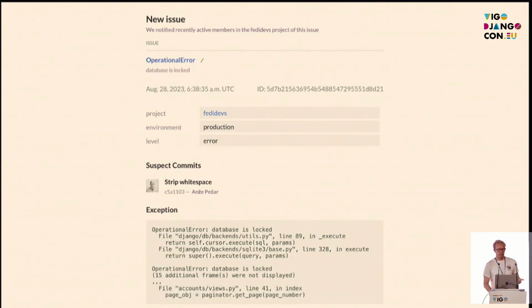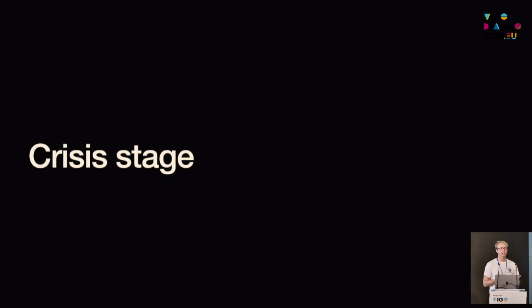And yeah, I kept getting these emails, and at this point in time, my relationship with SQLite sort of entered this crisis stage. I was considering maybe migrating the project to Postgres, maybe just trying out MySQL. I don't know.